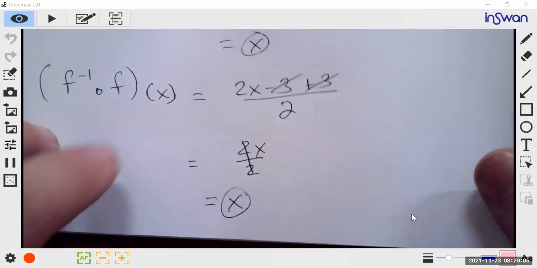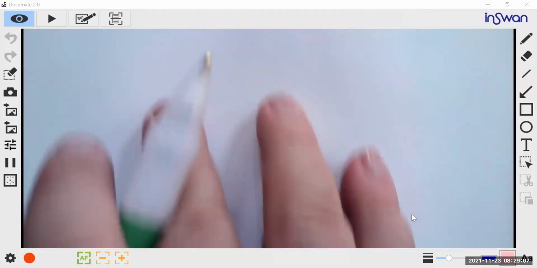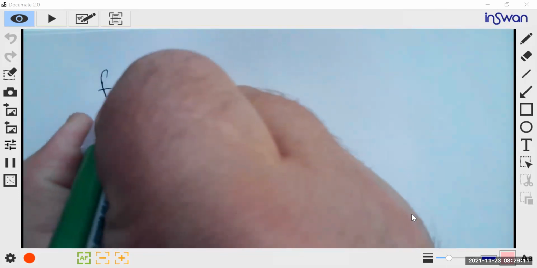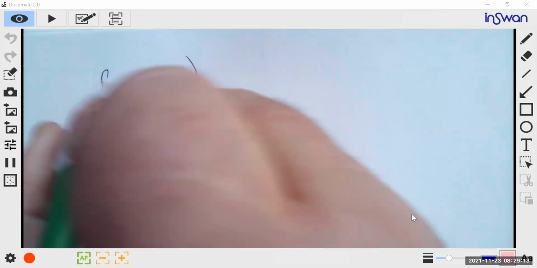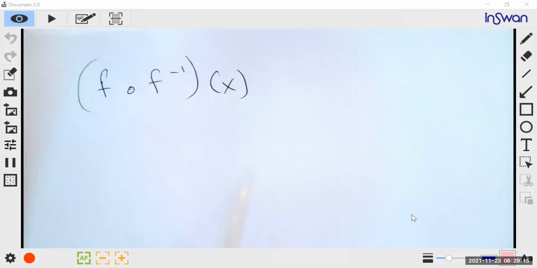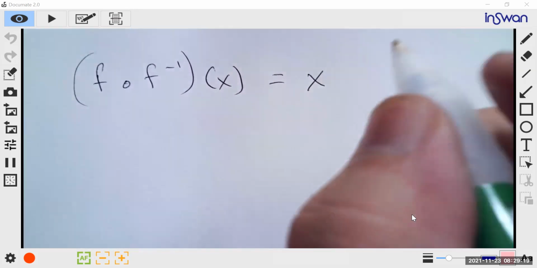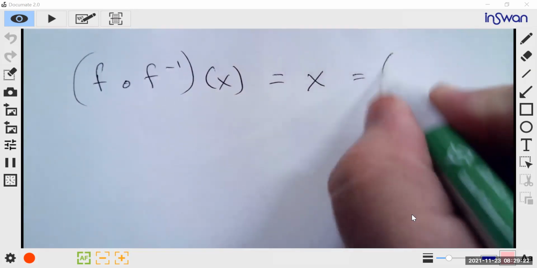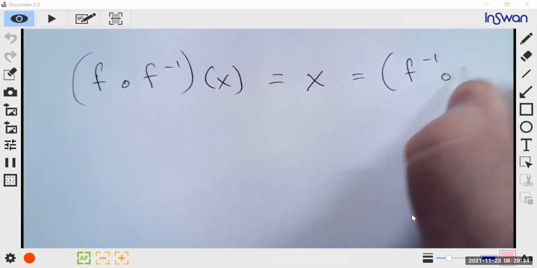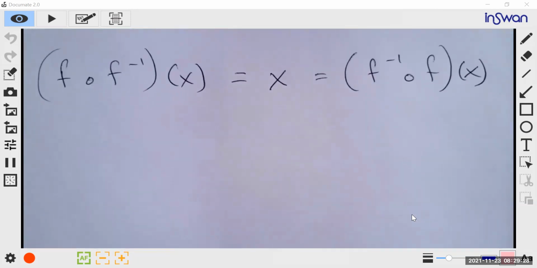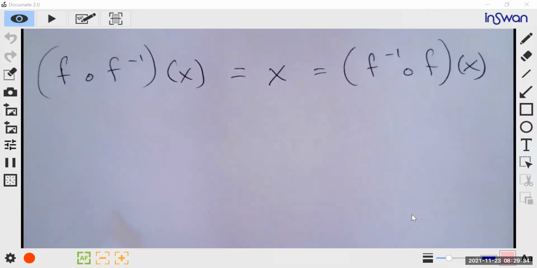The test is this. Since you see they both ended in x, to test if they're really inverses, this has to be true.